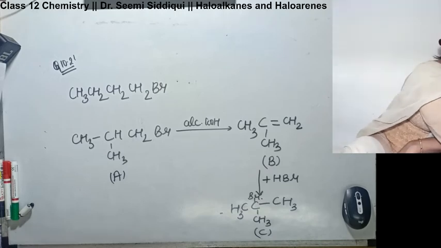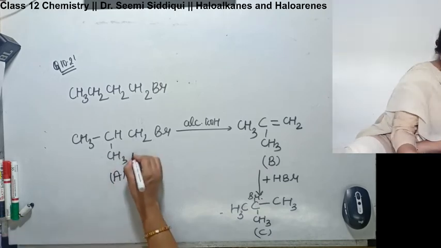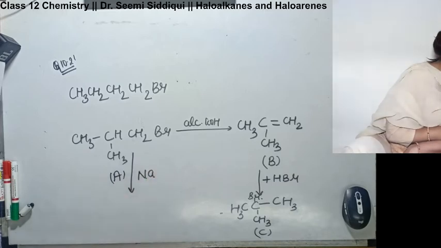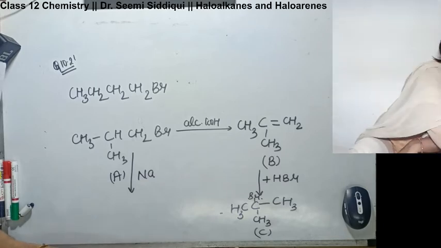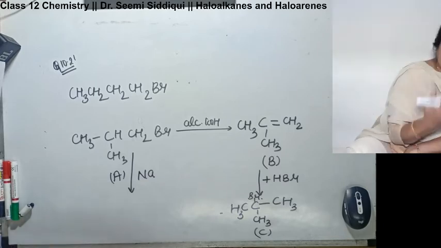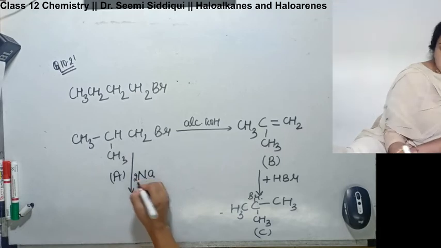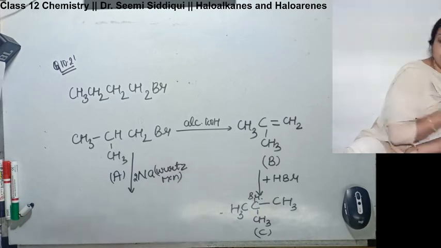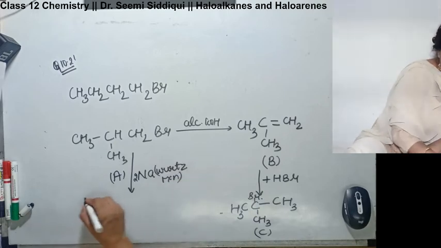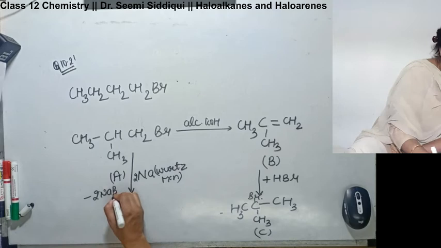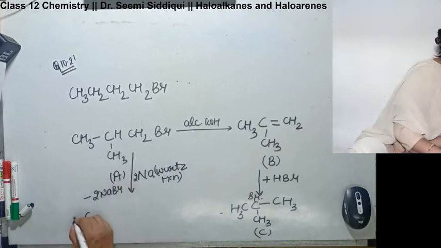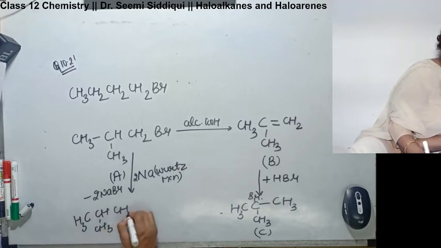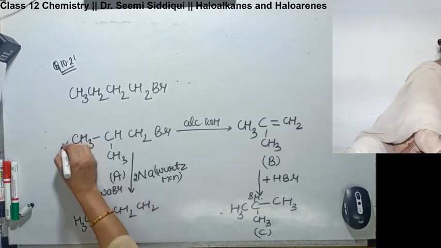that when A is reacted with sodium metal, मतलब इसी को अगर सोडियम मेटल के साथ रिएक्ट करते हैं, then it is going to give you C8H18. See, means double हो रहे हैं. It means it is going to have a Wurtz reaction. अब Wurtz reaction होगी तो minus 2NaBr हो गया और यहाँ पे ये दो मॉलिक्यूल हो गए.